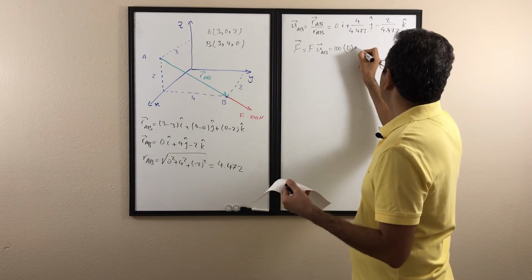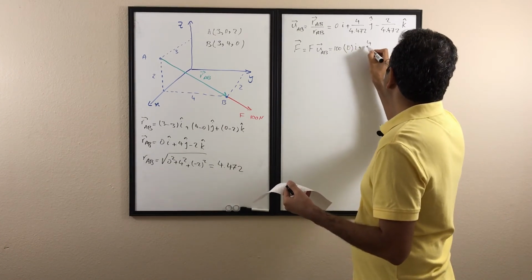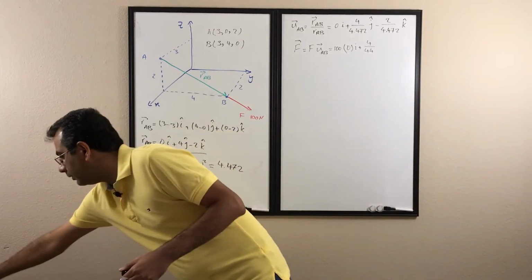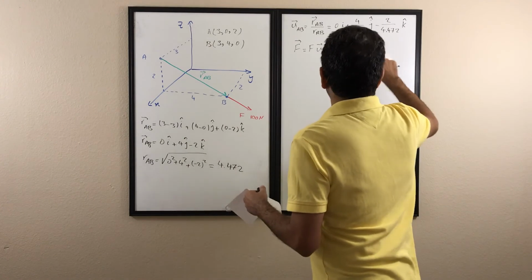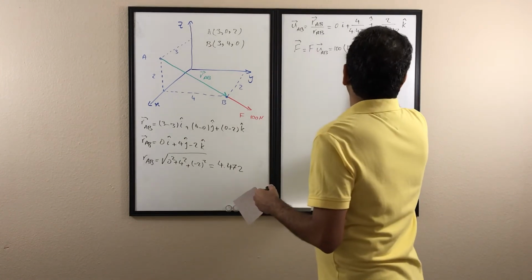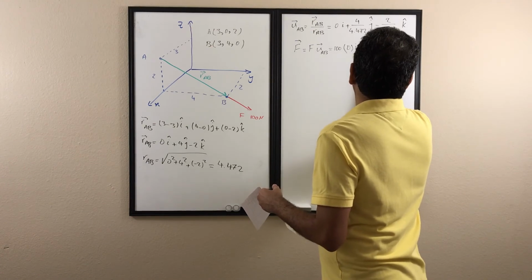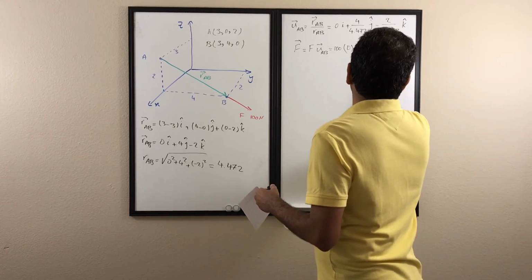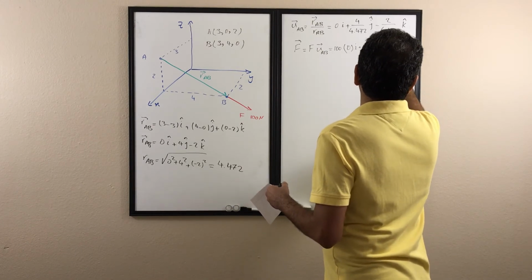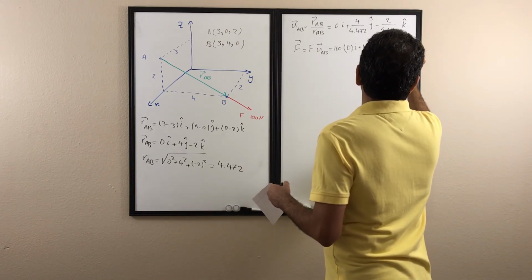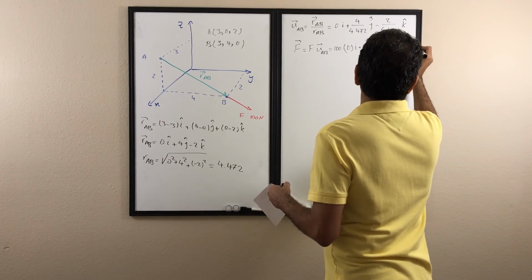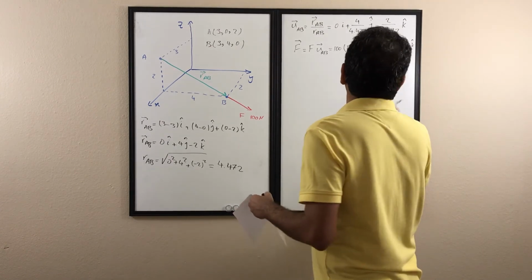Times 0i plus 4 over 4.472, so 100 times 4 over 4.472 j plus 100 times 2 over 4.472 k, and it's negative here.